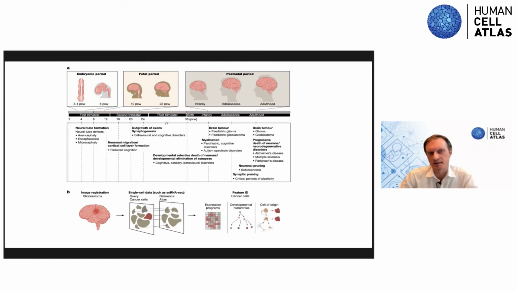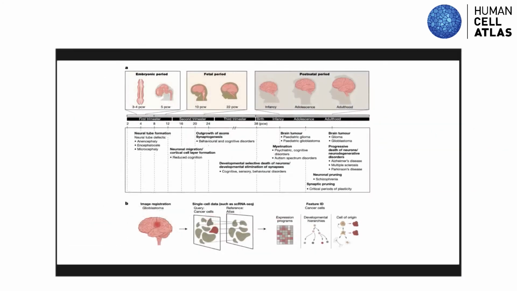About a third of all brain disorders have a developmental origin, and even those that occur in late adulthood, like most brain tumors and degenerative diseases, often show features of developmental processes that recur. That's very clear in glioblastoma, for example.